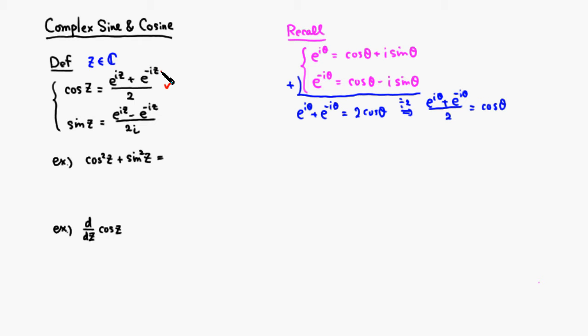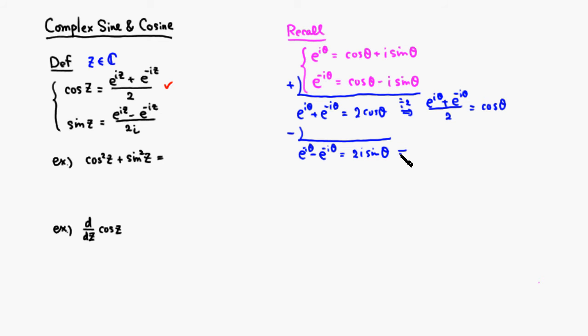And also, if you want to find the sine, we can go through a subtraction. I'm going to ignore this blue part and subtract these two. You have e to the i theta minus e to the negative i theta, which is equal to, the cosines cancel out, so you have i minus that, so you have 2i sine of theta.